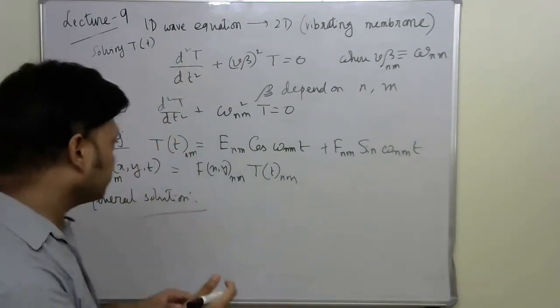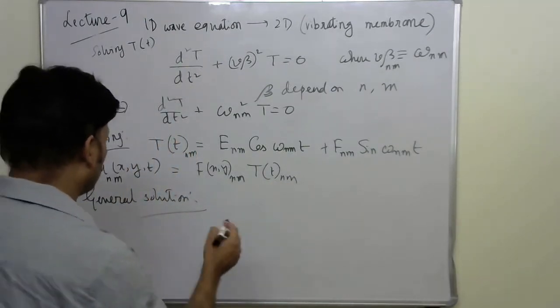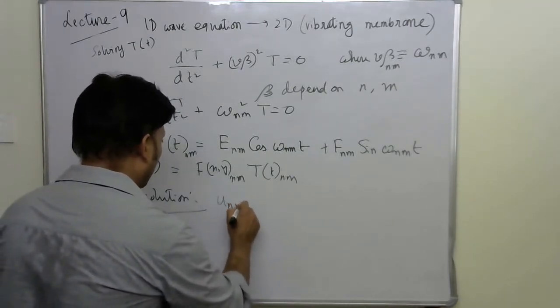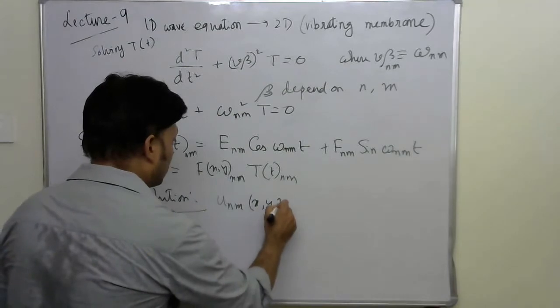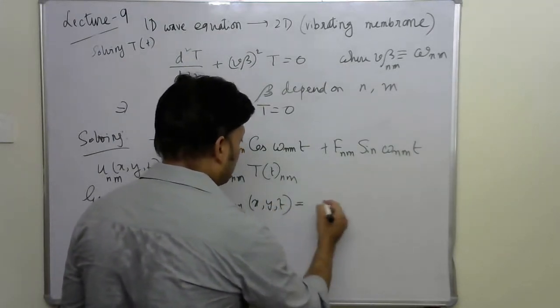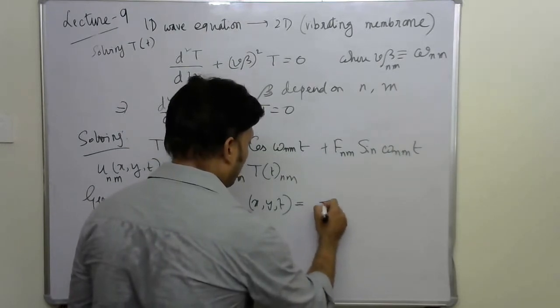So we can write the general solution, u of x y t, is equal to the summation approach.